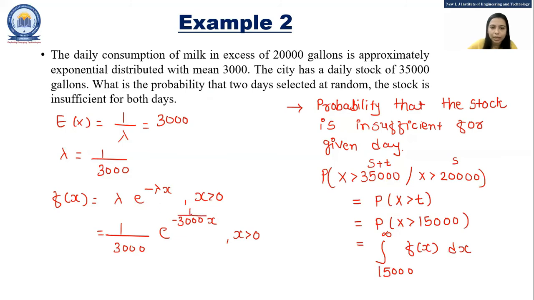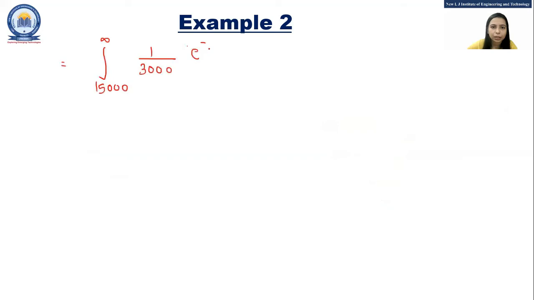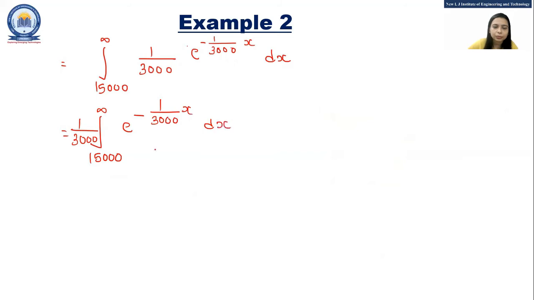So over here, e raised to minus 1 by 3000 x dx. And 1 by 3000 is out of the integration as it is a constant: e raised to minus 1 upon 3000 x dx.